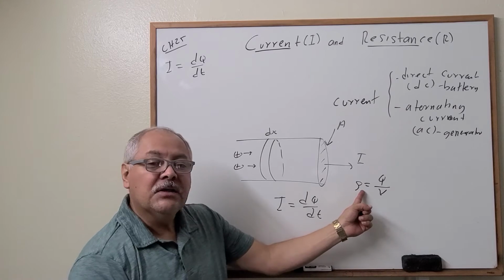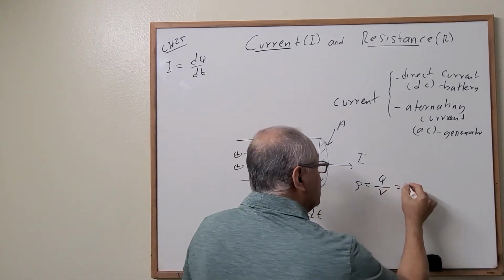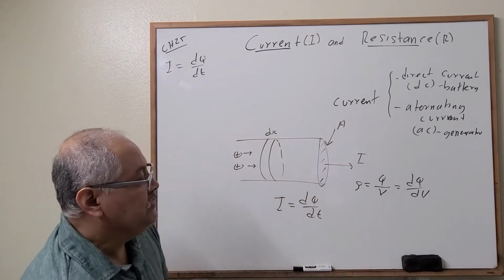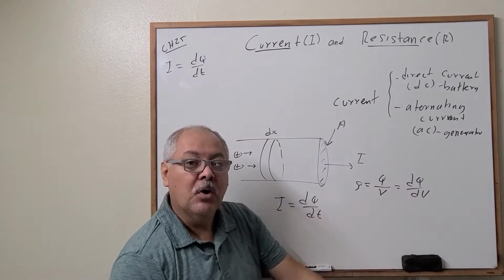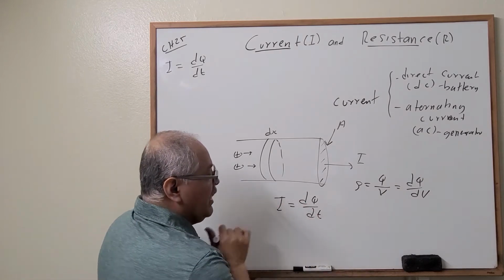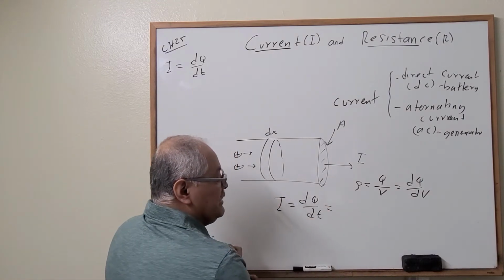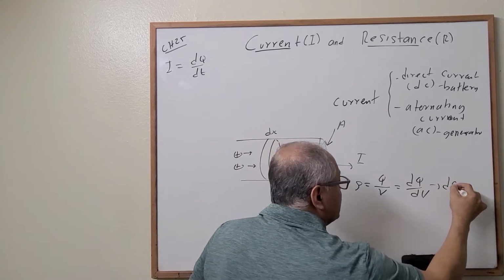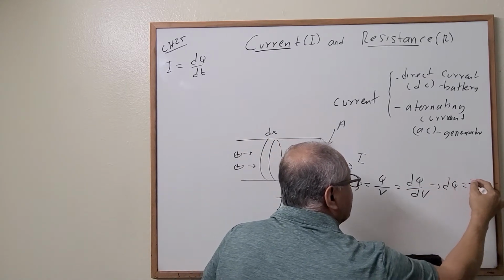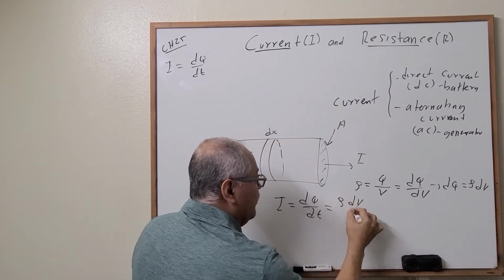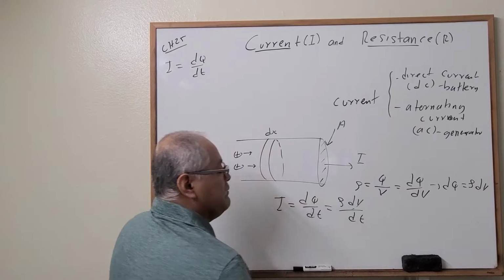Because this is constant, we can also use the change in charge with respect to the change in infinitesimal volume. Now we can solve from here: dq equals density times dV. So now it's density times the change in volume with respect to time.